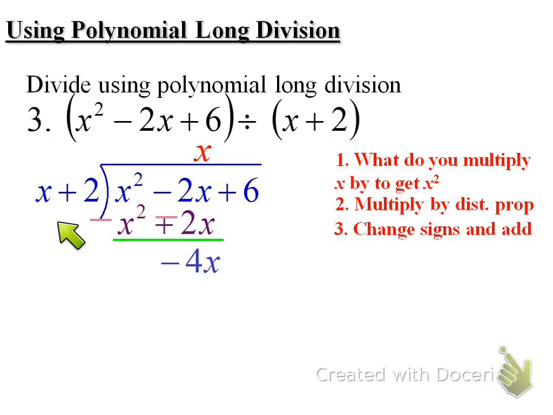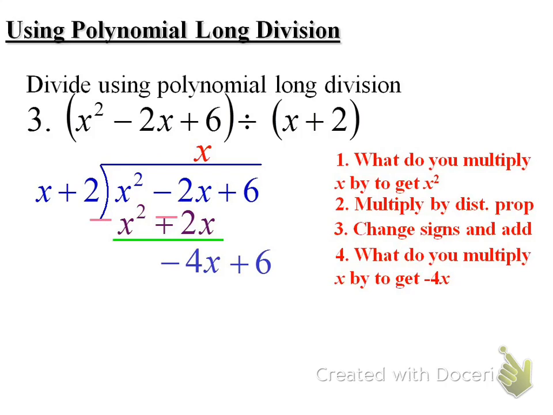Next, we want to think of, well, what would you multiply x by to get negative 4x? That would be a negative 4. Then you do negative 4 times x, negative 4 times 2.